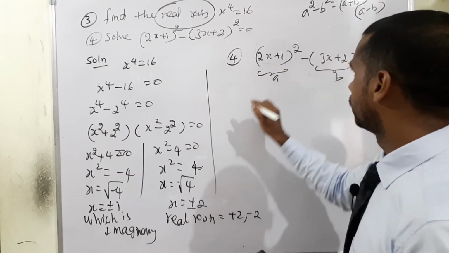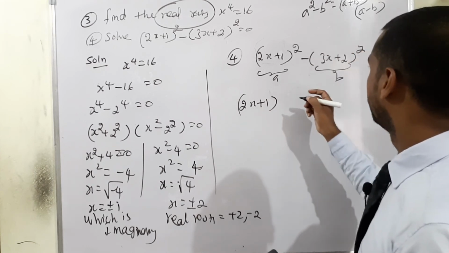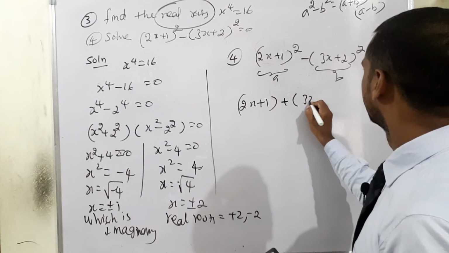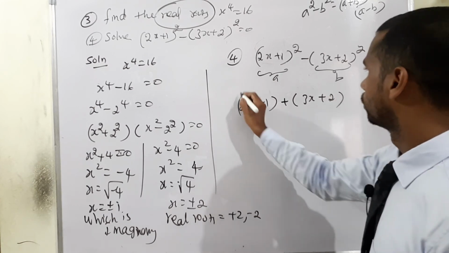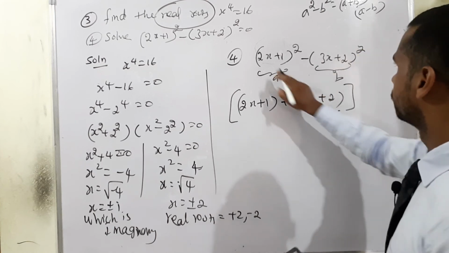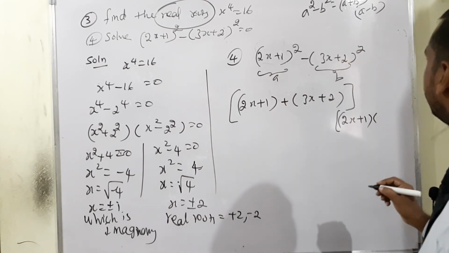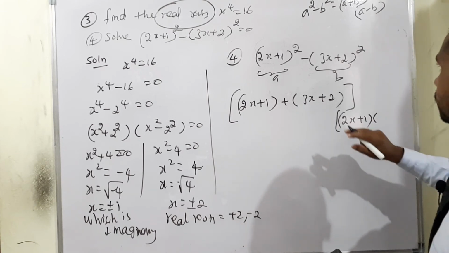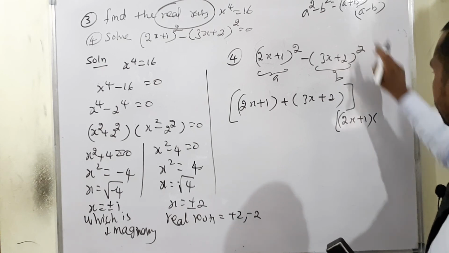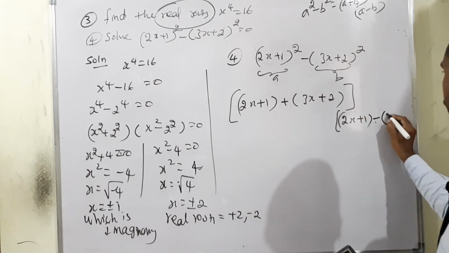First, a plus b: a term is 2x plus 1, then plus b, which is 3x plus 2 the whole term. Then again the whole term a minus b: a is equal to 2x plus 1, next term a minus b, so minus the bracket of 3x plus 2.